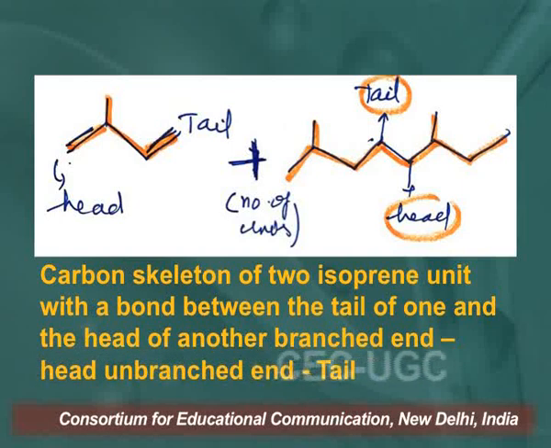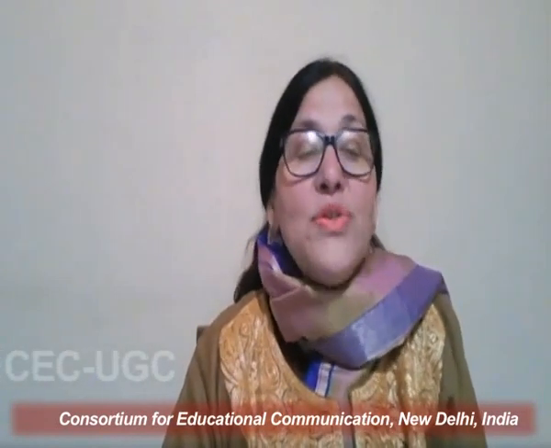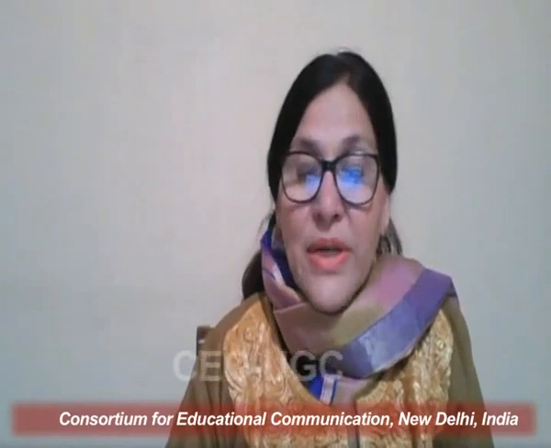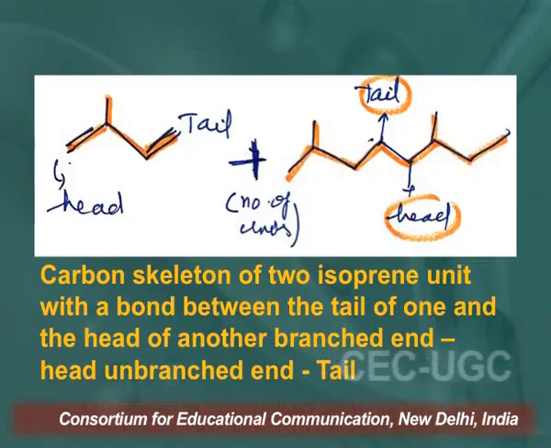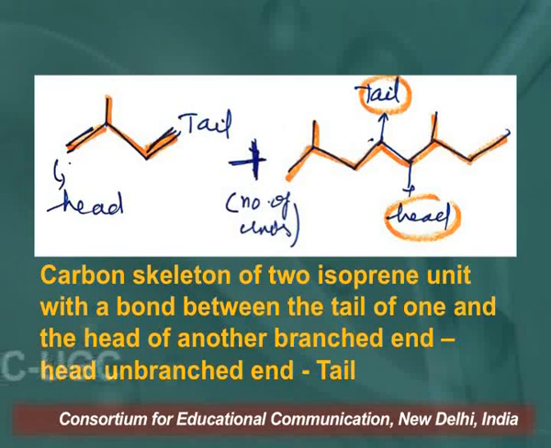The carbon skeleton of 2 isoprene units has a bond between the tail of one isoprene unit and the head of another isoprene unit, making a long chain of isoprene units. Learners, in this structure you have seen the tail of one isoprene unit and the head of another isoprene unit forming a bond between 2 isoprene units.